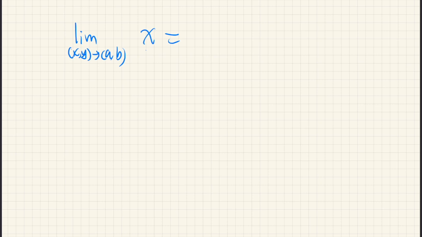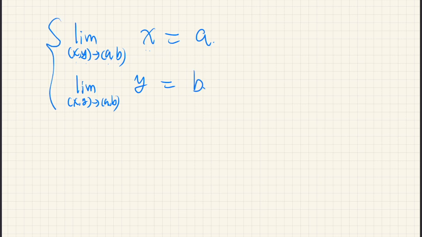So if we take this limit, this obviously converges to a, because if x and y approach a and b, x approaches a. That's trivial, right? And similarly, as x, y approach a, b, y is a function of x and y. This converges to b. Obvious.